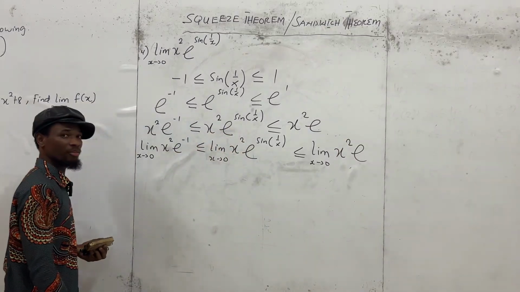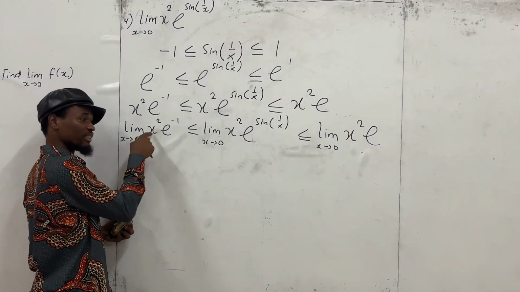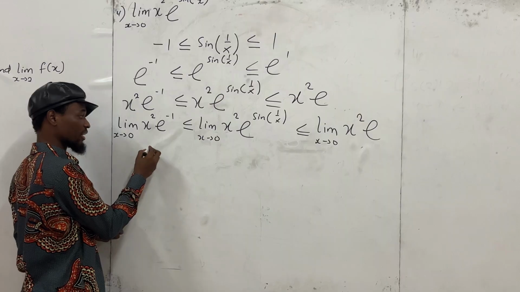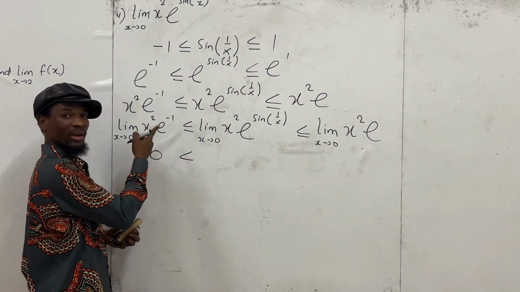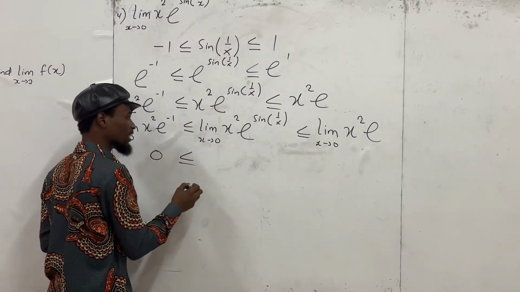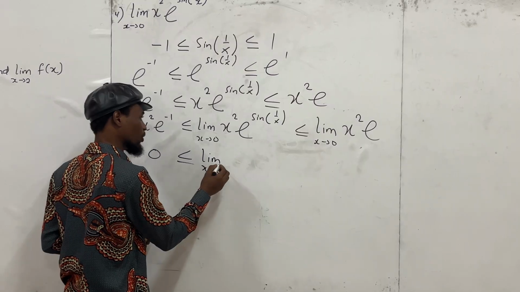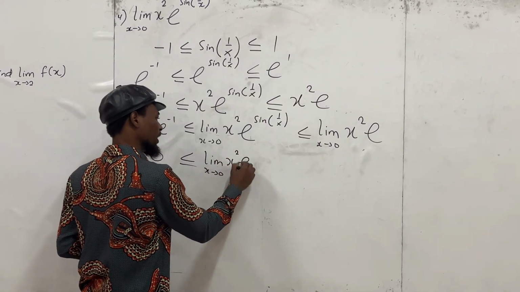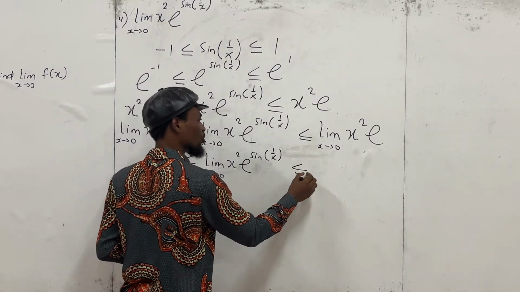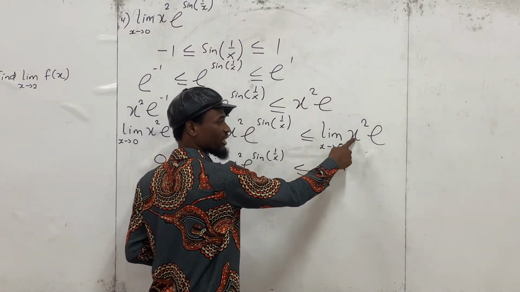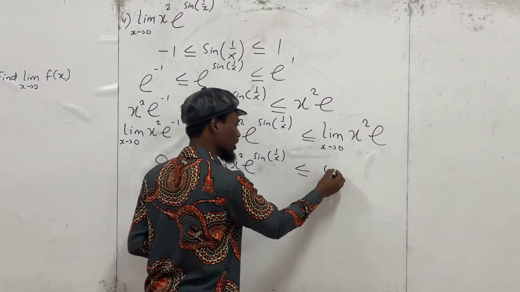As simple as that. Viewers, don't worry yourself here. When you put x equal to 0 into this, you simply get 0, because 0 squared is 0, right? Less than or equal to the question itself, which is the limit as x approaches 0 of x squared e to the power of sine of 1 over x, then less than or equal to the same. When you put 0 here, 0 squared is just 0, so 0 multiplied, you still get 0.